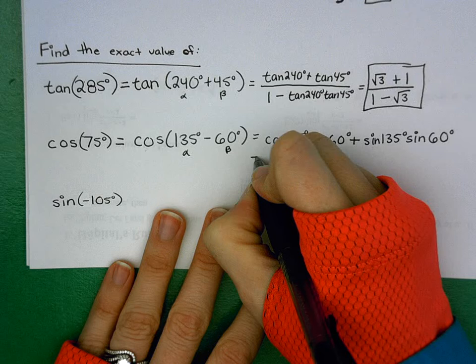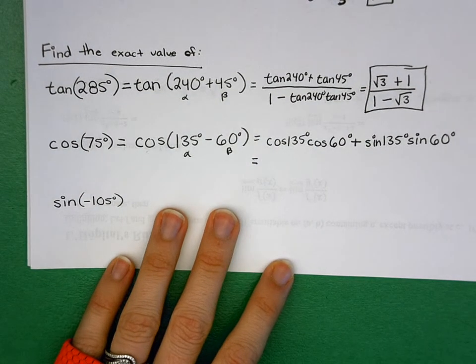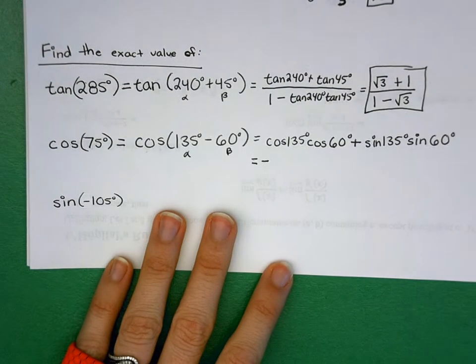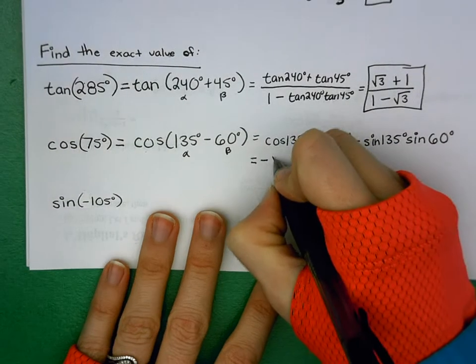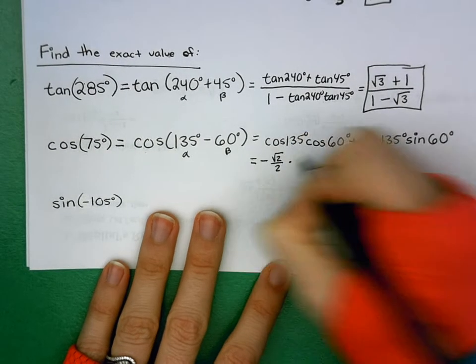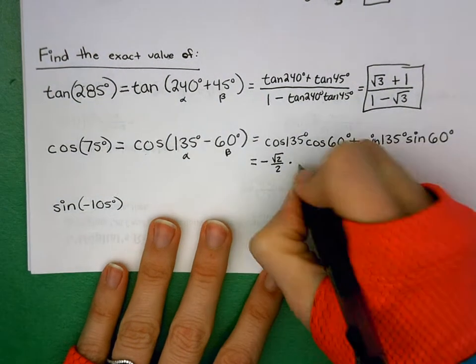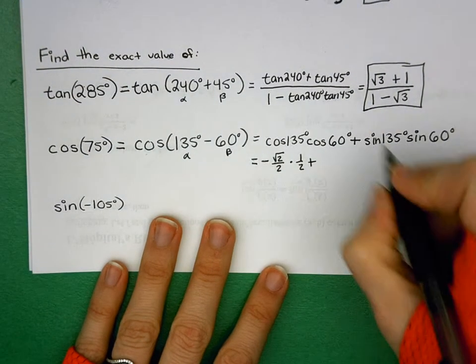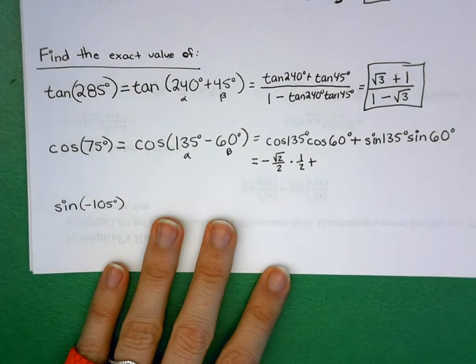Cosine of 135 degrees is the 45-degree angle in the second quadrant. So it is negative, because only sine is positive in the second quadrant. And then the cosine of 45 degrees is root 2 over 2. Cosine of 60 degrees is 1/2. Plus sine of 135 degrees, again 45-degree angle in the second quadrant, so it's positive because sine is positive in the second quadrant.